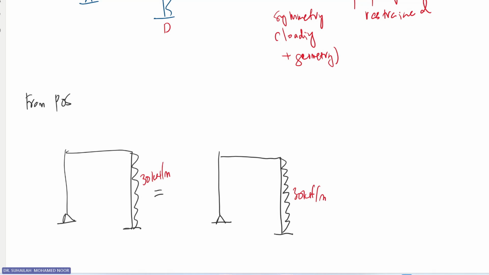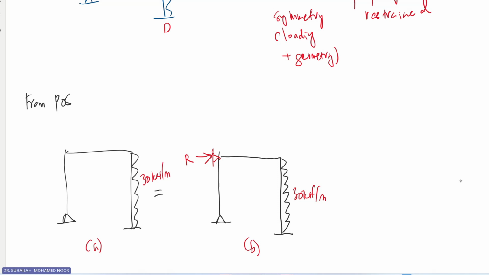So due to that, we have to put an artificial support at B, a pin at B. Due to that artificial pin support, there will be R here. R is positive because the frame, this is A, this is B, due to loading will move to the left direction.